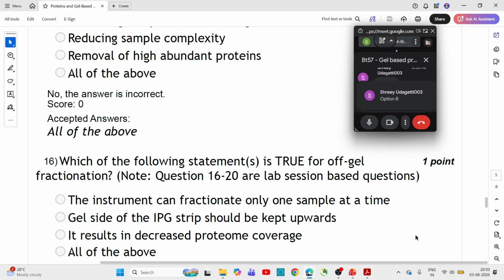It's true for off-gel fractionation: gel side of the IPG strip should be kept upwards.